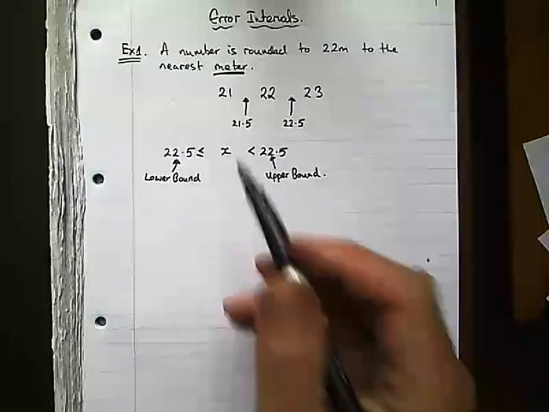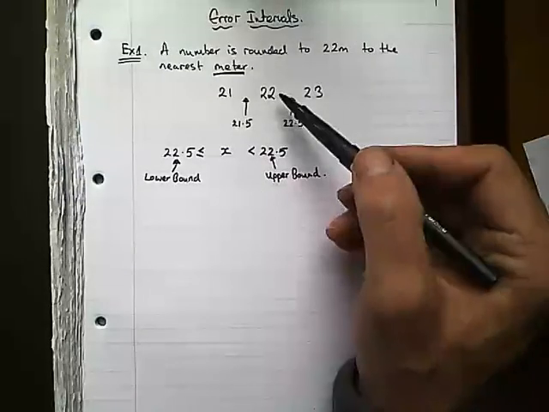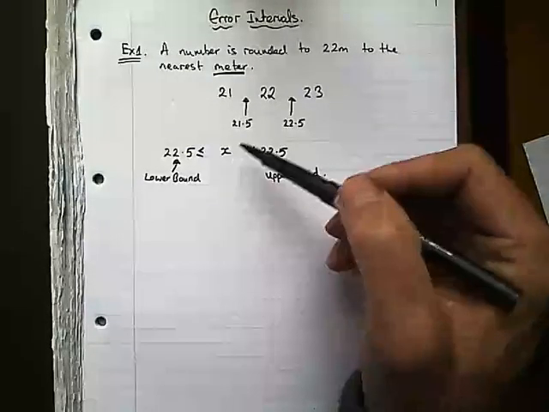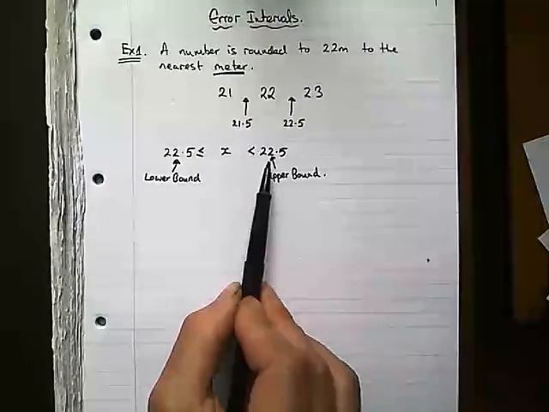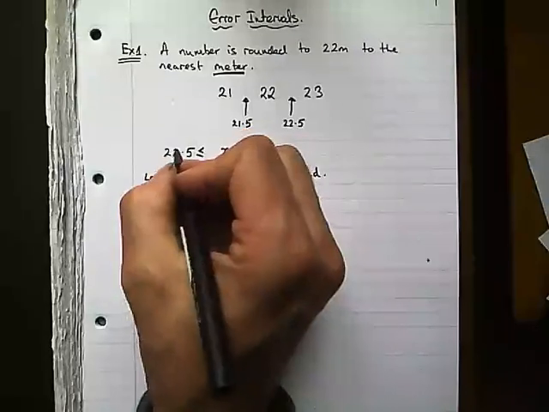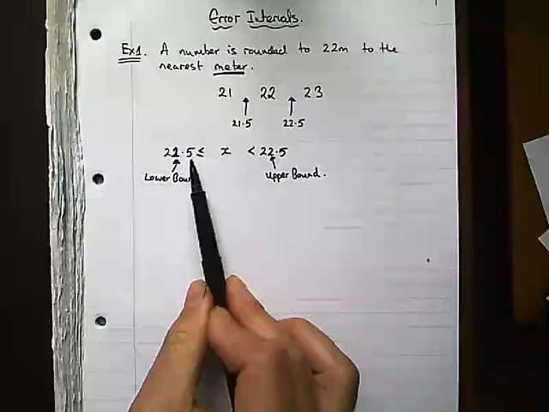Okay, so x was the number that we rounded to get 22. We don't know what it was, but we know it's got to be less than 22.5. Oh, sorry, this was 21.5, and greater than or equal to 21.5.